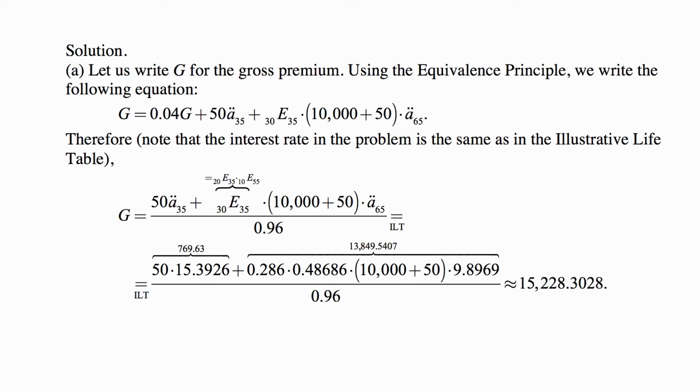So let us write G for the gross premium. Using the equivalence principle, we write this equation that the premium pays for the initial expense of 4% of premium, for the expenses of $40 per year, plus the annuity benefit payable 30 years from now of $10,000, as long as the person is alive, plus the expenses of $50 per year, which are also payable then.